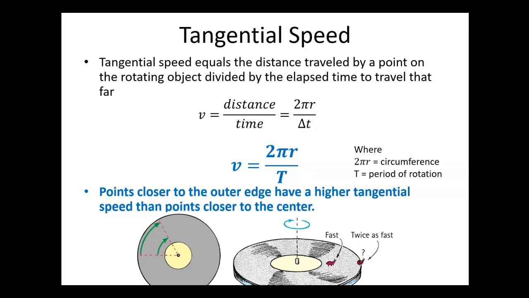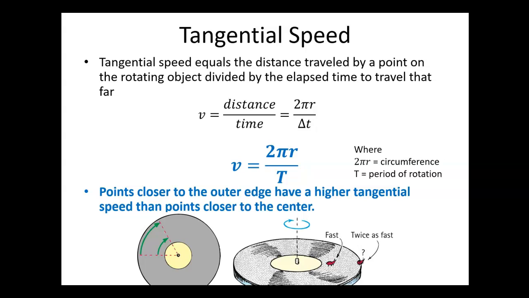So if you look at the example of the record disc at the bottom of this slide, think about a record. It is a solid object, and so every point on that record revolves around the circle at the same rate.